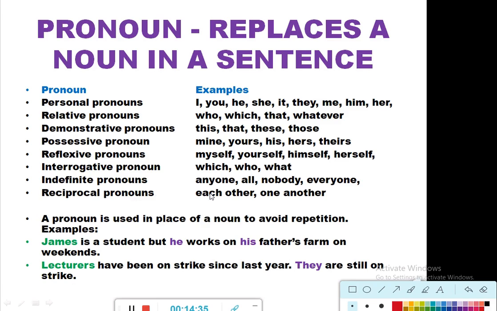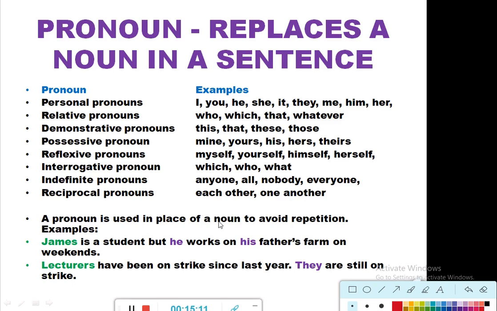Reciprocal pronouns include each other, one another. When you talk of each other, you are talking of 2 persons. When you talk of one another, you are referring to 3 or more persons. If you say the husband and wife love each other, then you can say all members of that family love one another.